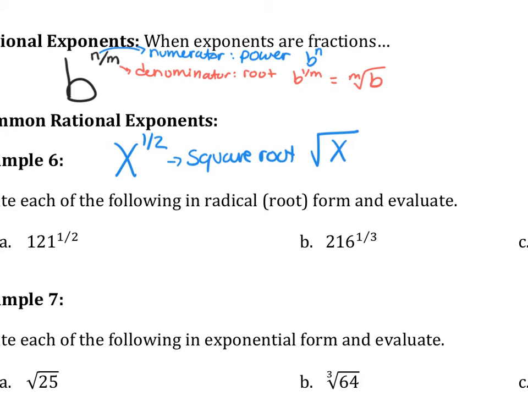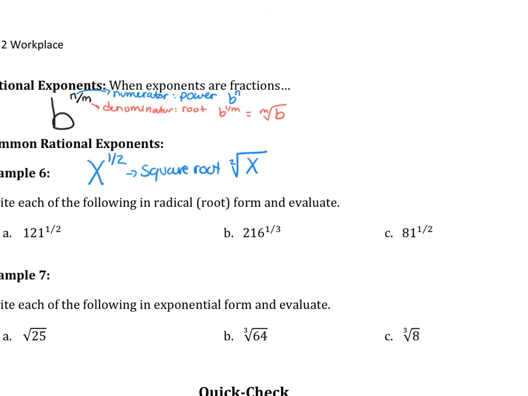Remember when we have that root symbol with no little number written, there is an implied 2 there, an implied square root. But since the square root is the most common, we don't always write the 2. And then we also have the cubed root. So that'd be to the 1 over 3 power.